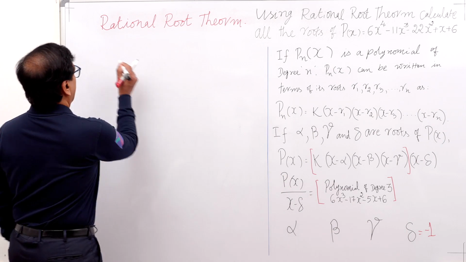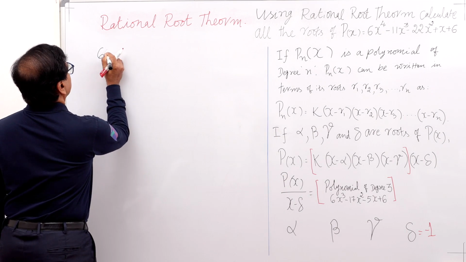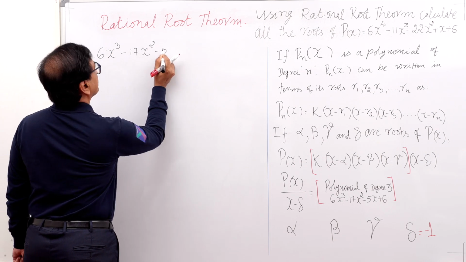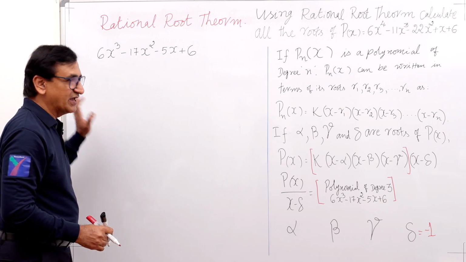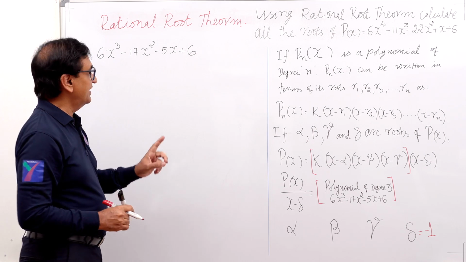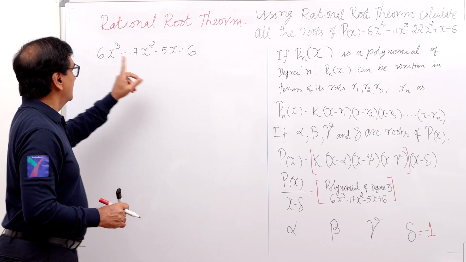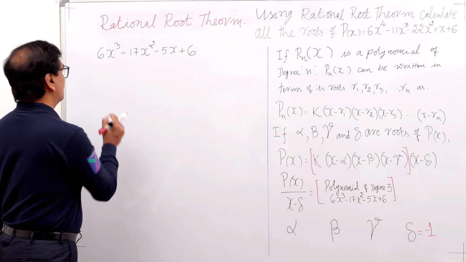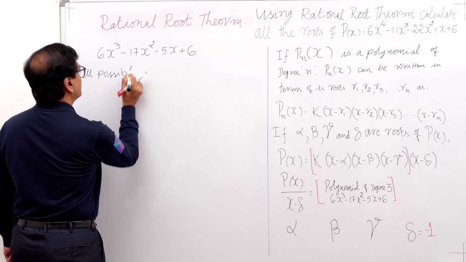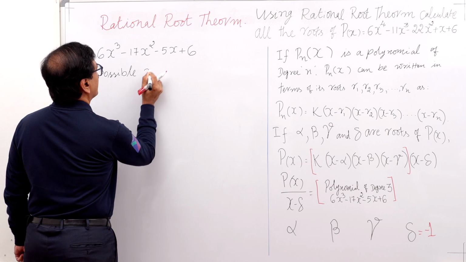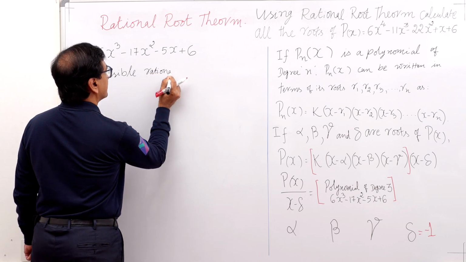Okay, so we have 6. Now I'm going to calculate the p by q for this polynomial, where a0 is 6, an is also 6. Therefore, all possible rational roots are.